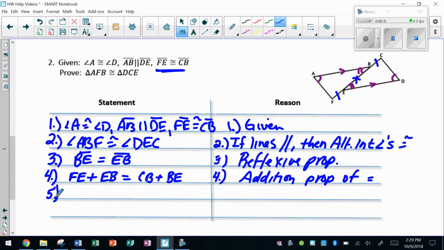Step 5, I'm now going to use the partition postulate. What is FE plus EB equal to as a whole? If you look at your picture, when you add FE to EB, it equals FB. At the same time, I'm going to do the same thing on the other side.